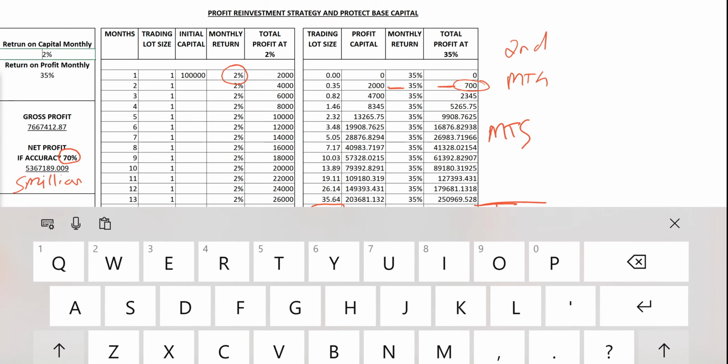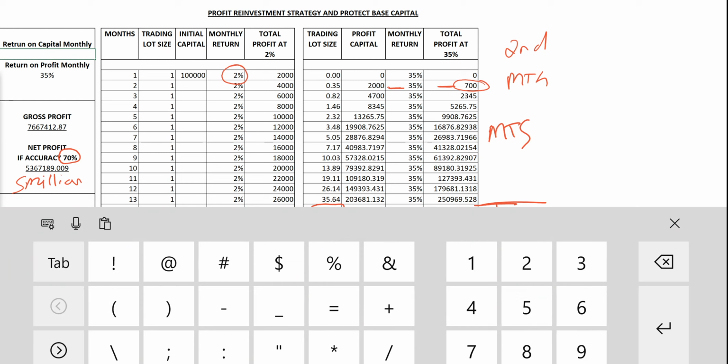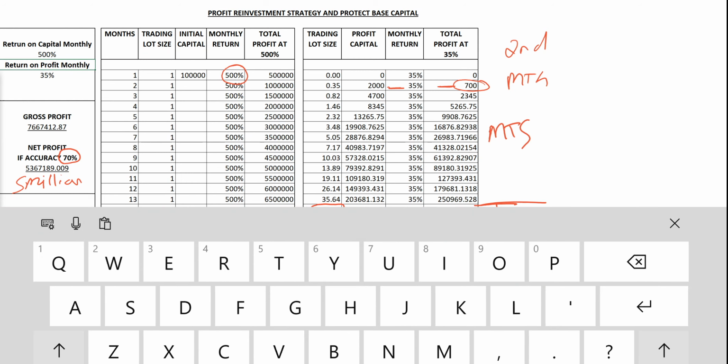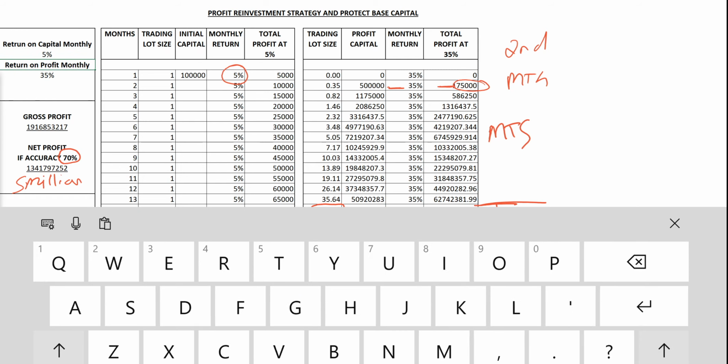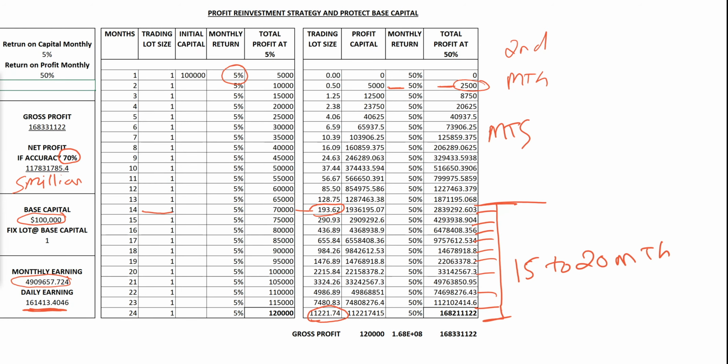Same way, if you suppose want to trade 5 to 50, you can see your daily return will be approximately, if we are keeping 5%, suppose, and a return on profit monthly, if we are keeping 50%, then your daily return will increase to $161,000.